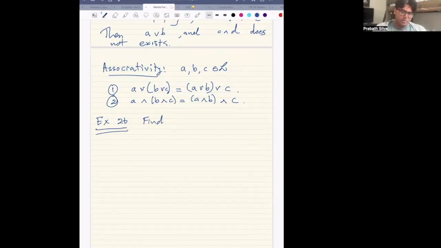Find 4 examples where one side of 1, 2 exists, but the other side doesn't.